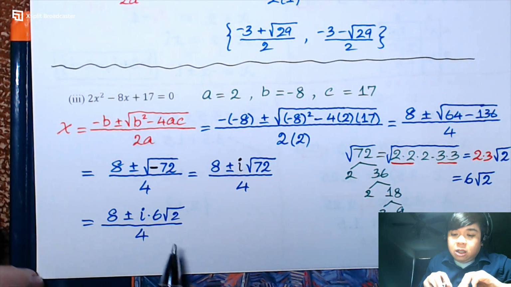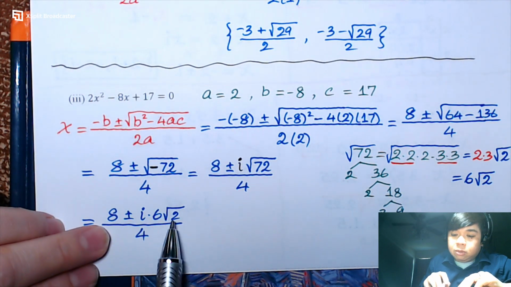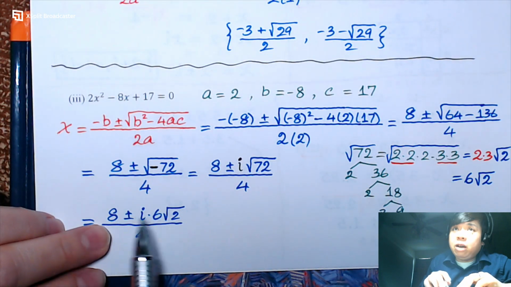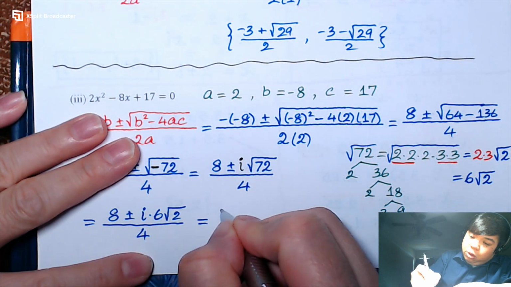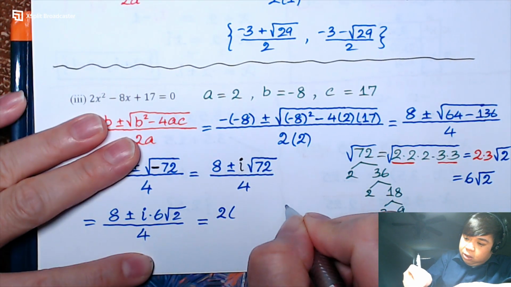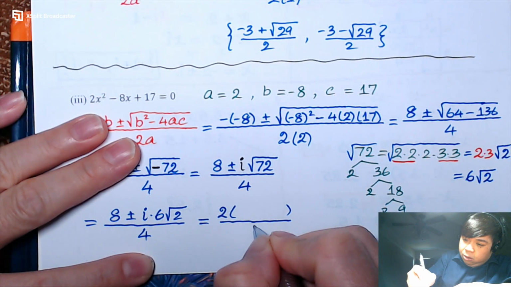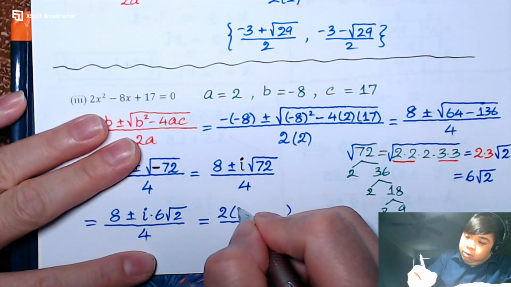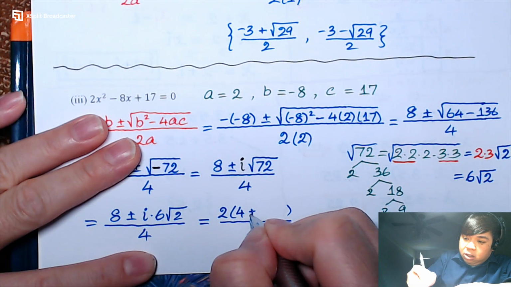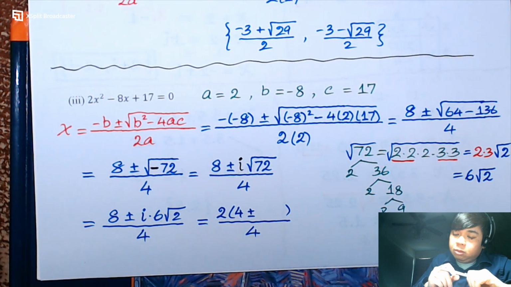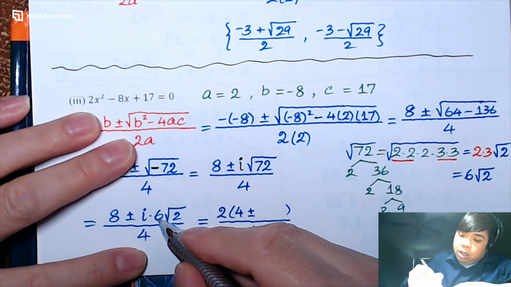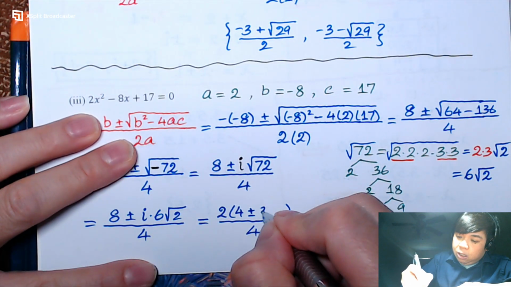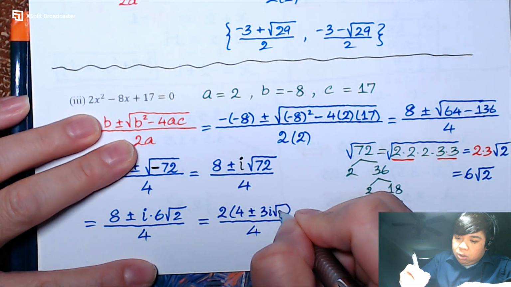And note that all of them are even. Now we can divide everything by 2. Or I will factor out 2 on the top. And we have 4 plus or minus, take out 2, we are left with 3i square root of 2.